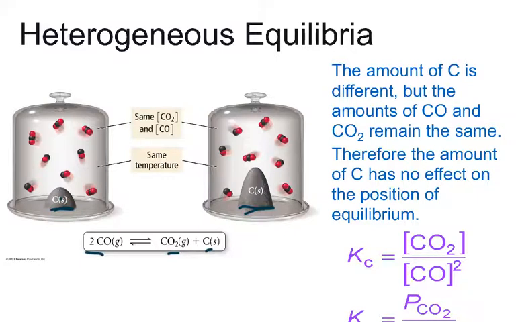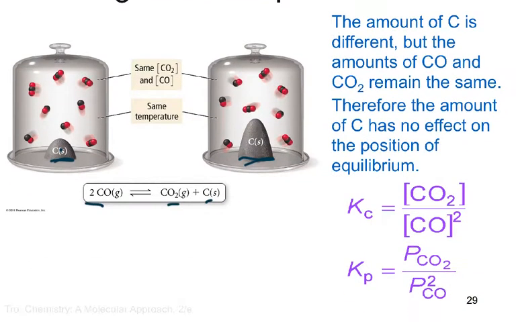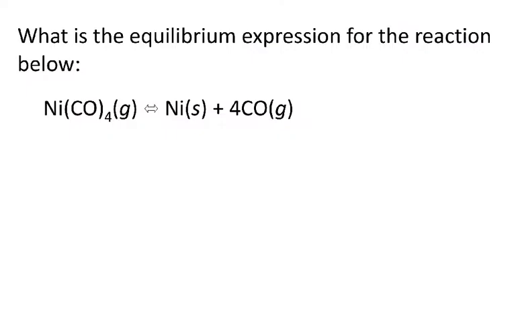There really isn't a good way to write the concentration of a solid anyway. You can say how many grams there are, but concentration as in moles per unit volume doesn't make sense for a solid. So we don't use it. So let's look at an example. Write the equilibrium expression for the reaction below. So we have 2 gas phases and 1 solid phase.